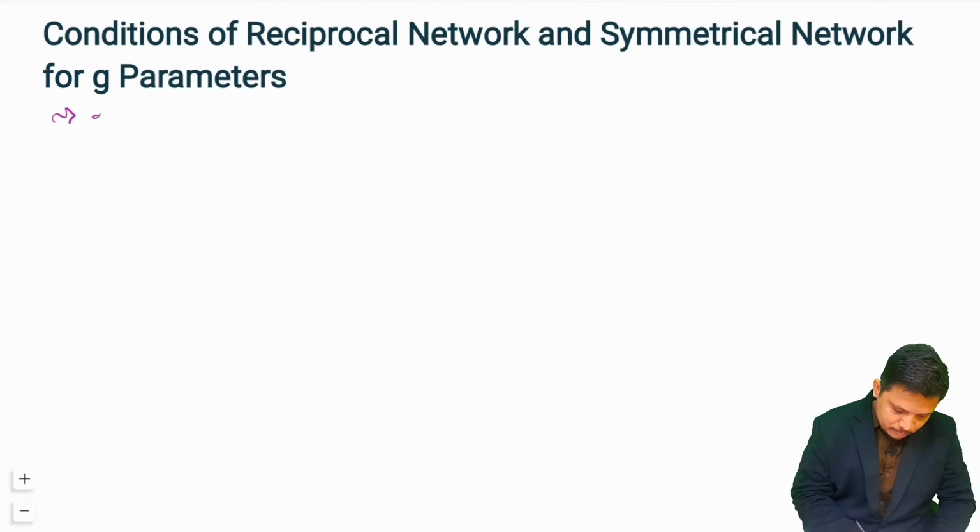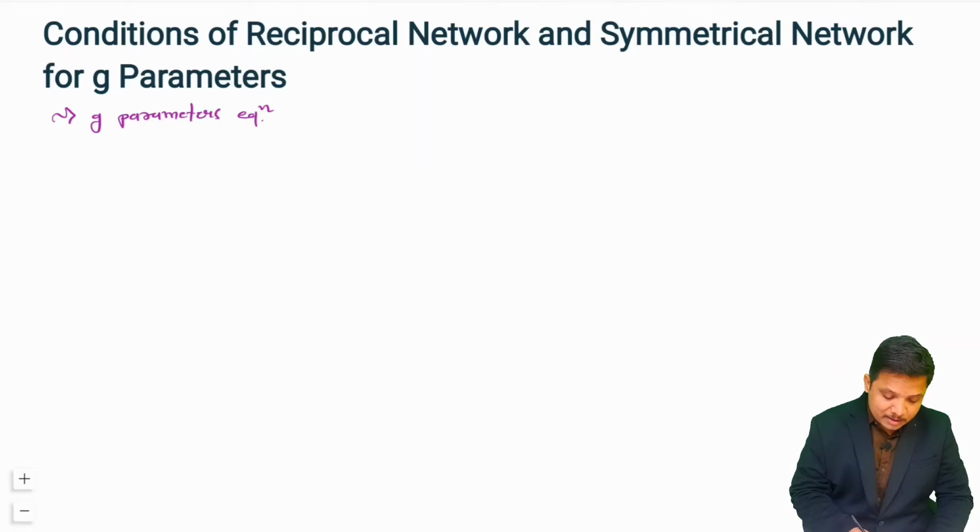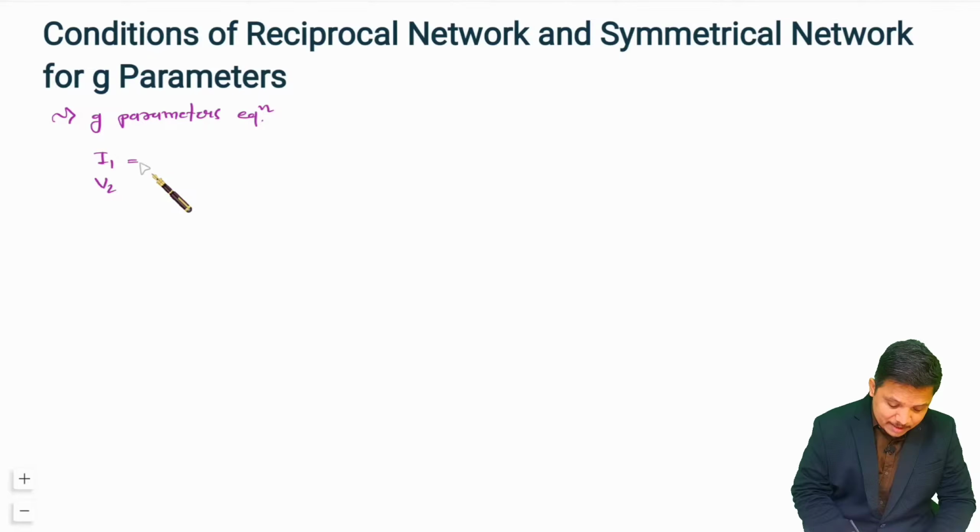Whenever you have G parameter equations, my dear students, you should remember that I1 and V2 are based on V1 and I2. G parameter is the inverse of H parameter. In H parameter, V1 and I2 are based on I1 and V2, and in G parameter, I1 and V2 are based on V1 and I2.